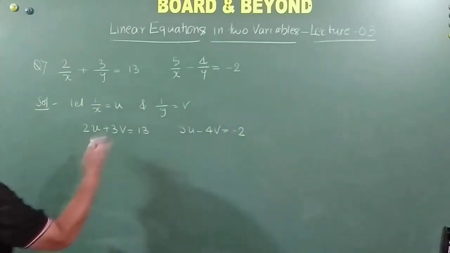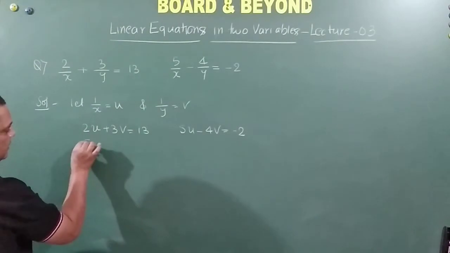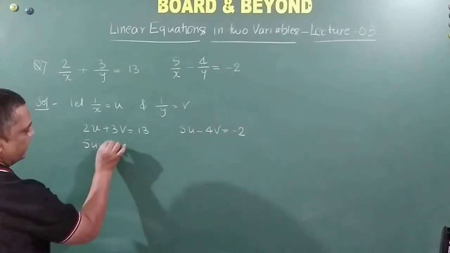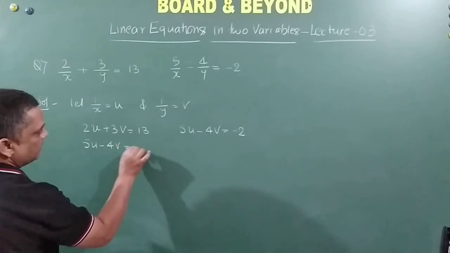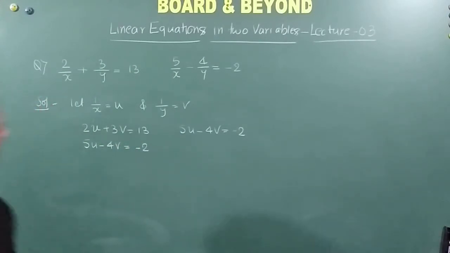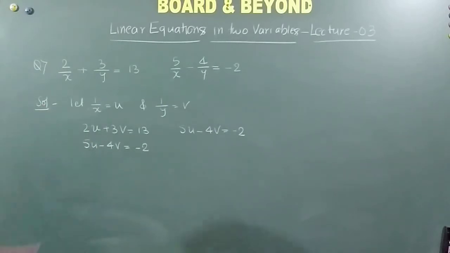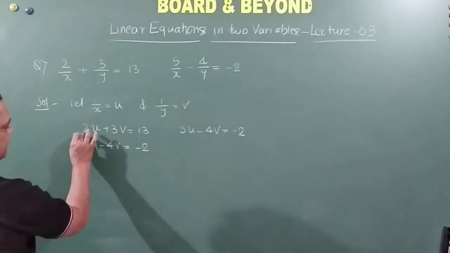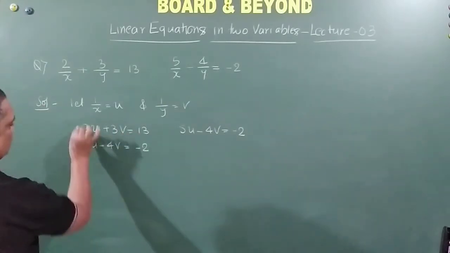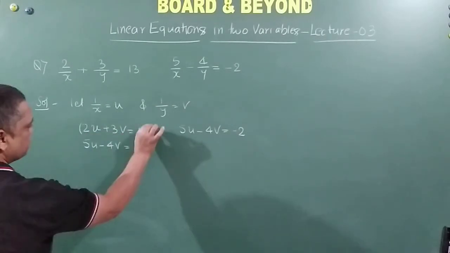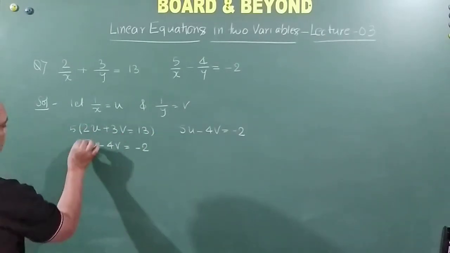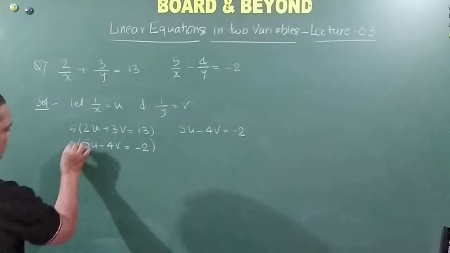Now I will write this just below it and try to solve it. Now I will try to eliminate any one of the variables here. So how do I eliminate? I will multiply this with 5, okay friends, and this with 2.